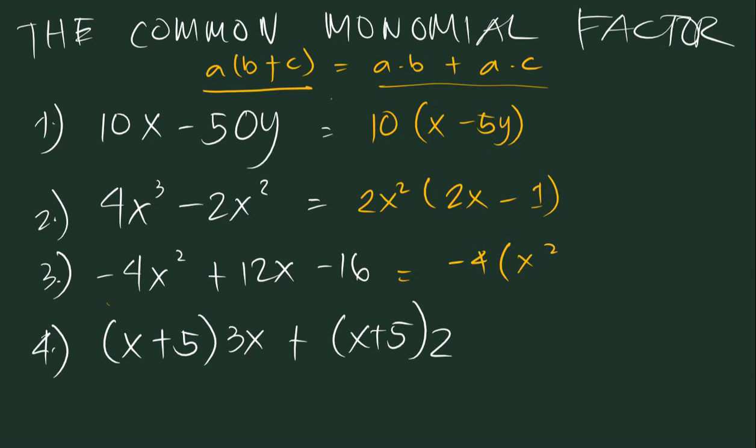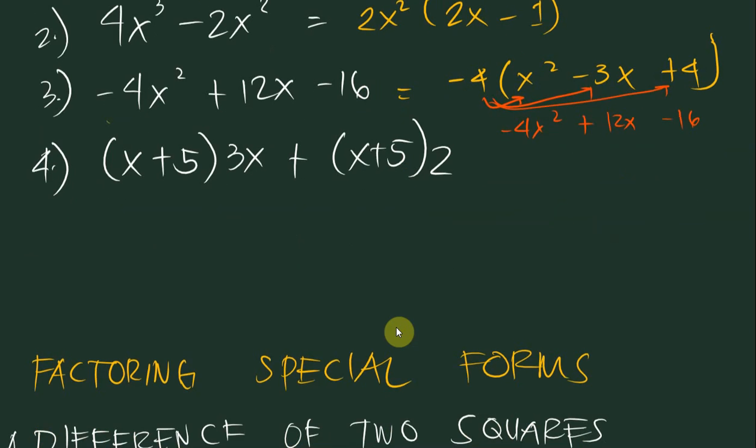You have x squared minus 3x and then plus 4. You can check again by multiplying. Negative 4x squared multiplied to this, you have plus 12x. Then multiplying it to this, we have negative 16, right?